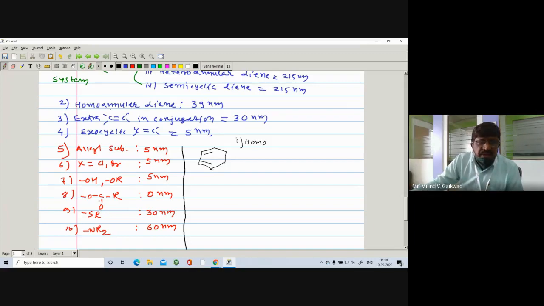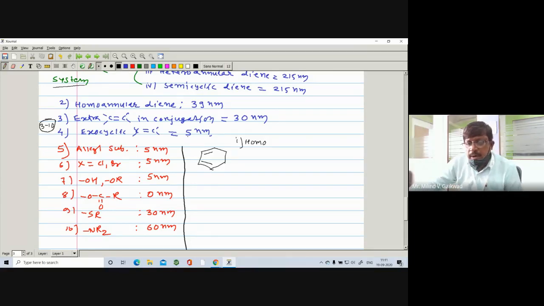Means firstly you have to check the system. Firstly you have to check what is the system, and then you have to check the remaining points, from 3rd to 10th, right? So you have to go one by one, so that you should not forget any one value. So it is a homoannular diene.